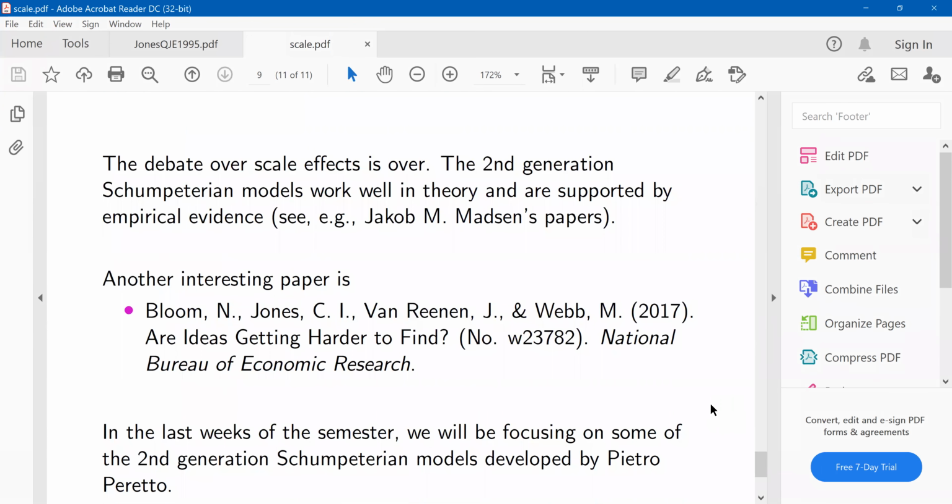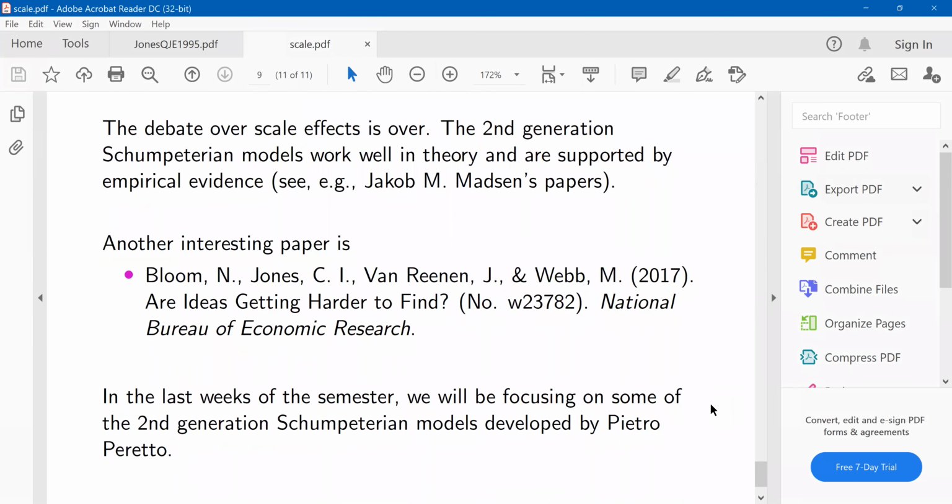So this paper is very interesting. It's very recent. I think it's published in the American Economic Review. So these authors, Charles Jones himself is one of the authors, revisit this idea of second generation Schumpeterian models, and they really show some evidence on decreasing returns. But it's a kind of strange argument.